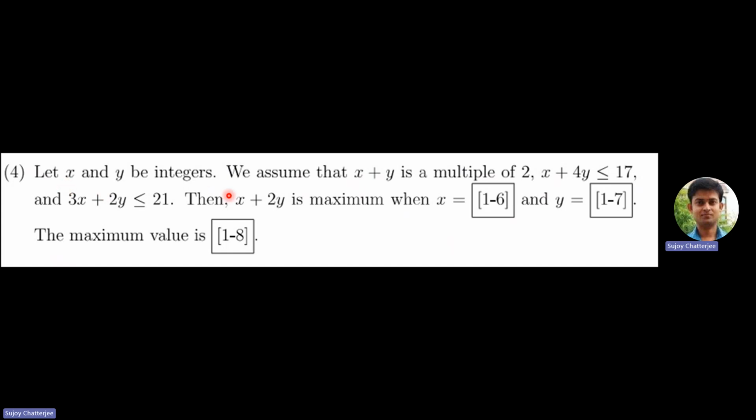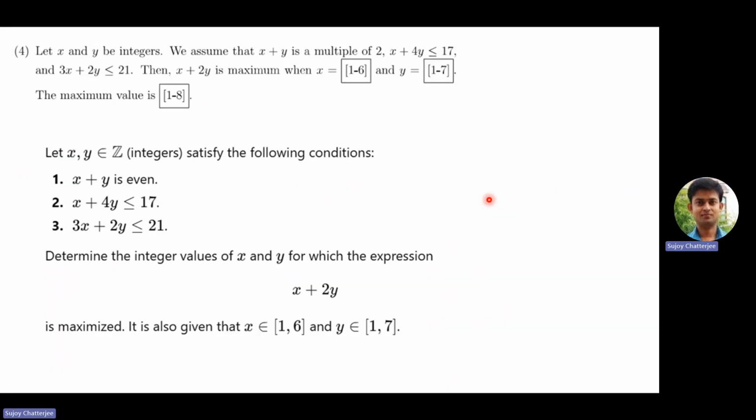Then x plus 2y is having maximum when x is equal to dash and y is equal to dash. That means you have to find the maximum value. So it's maxima minima concept, and yes. So let's look into the solution and approach it step by step.